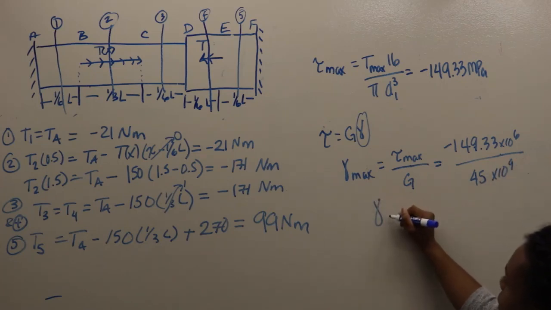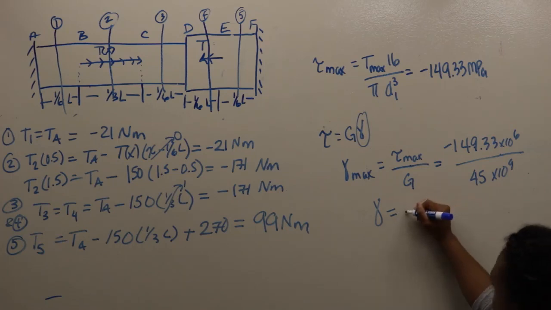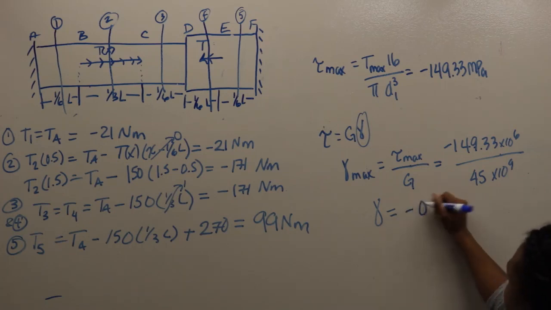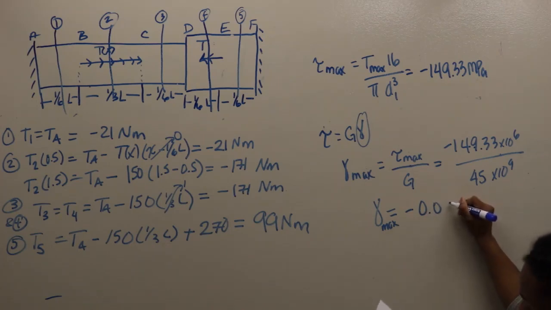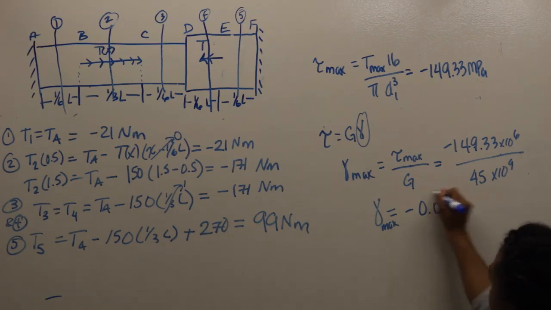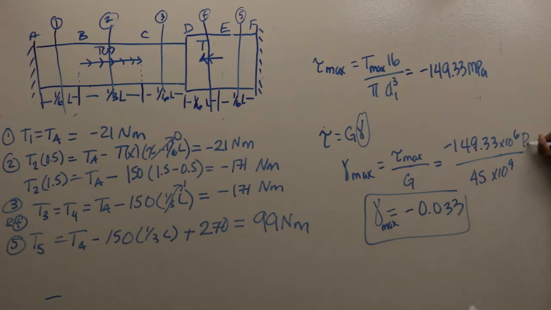So the shear strain equals about, and it's unitless because this is pascals over pascals.